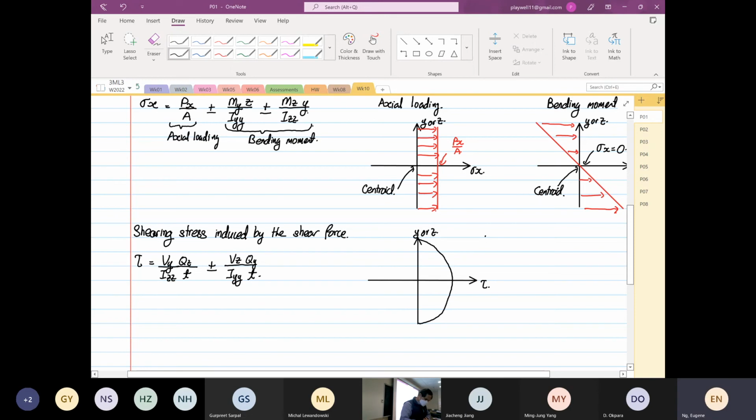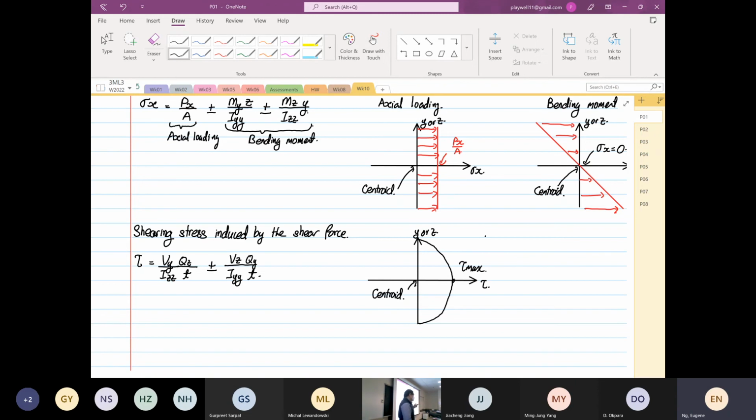Again, at this point where y is equal to 0, or z is equal to 0, is our centroid. What we realize is that tau max is at the centroid.